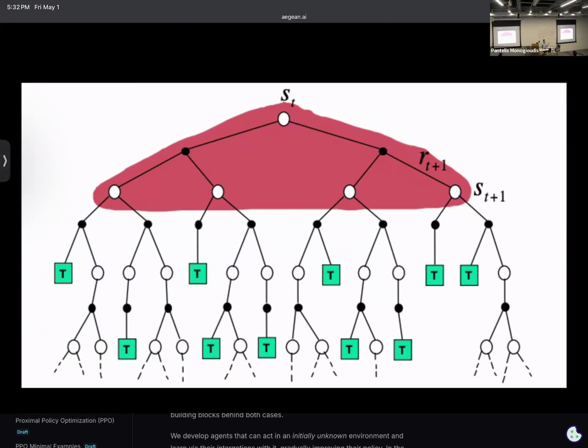We're coming from MDP, with all the knowledge that we needed. We had all the knowledge of the conditional probability distribution, P of R comma S prime, given S comma A. This is the MDP dynamics. Given that we're coming from S and the action A, what reward and S prime you receive, give me the probability distribution of that.